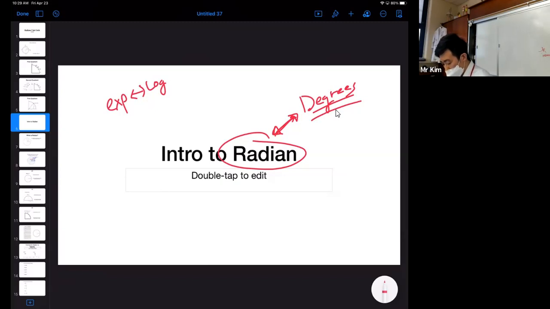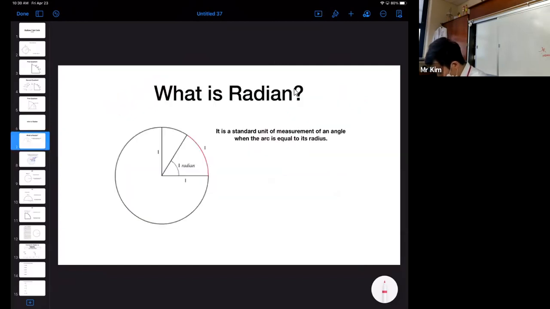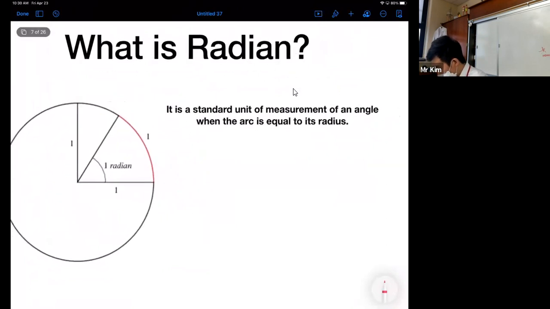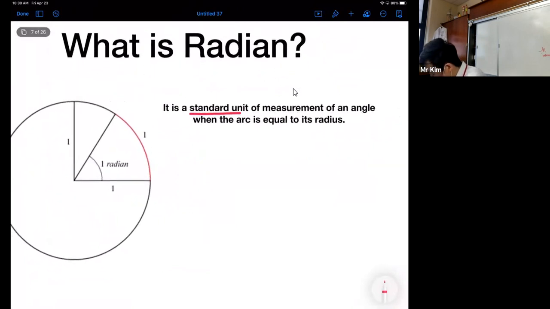And if you want a general definition of what a radian is, I'm going to show you a little animation too. This is the definition of a radian: it is a standard unit of measurement of an angle when the arc is equal to its radius. Okay, so what the heck does that mean?